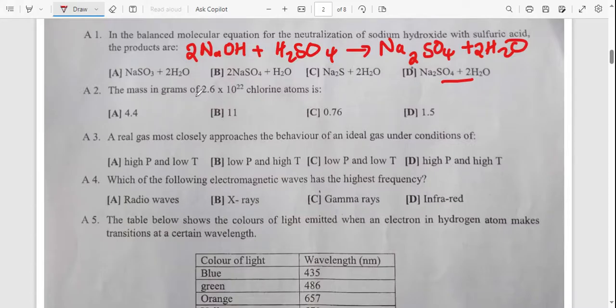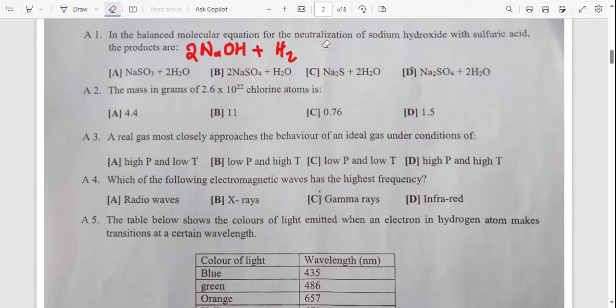The mass in grams of 2.6 times 10 power 22 chlorine atoms is, we want the mass in grams. Okay, the first thing is we need to find the number of moles. Now we've been given 2.6 times 10 power 22 chlorine atoms.